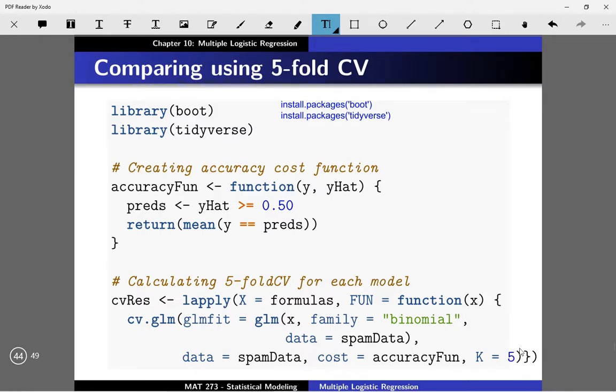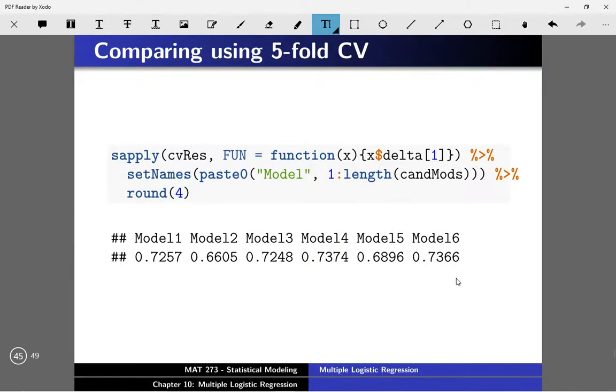The biggest number of folds you can use is the number of observations in the data set, because we have to leave at least one observation out for our test set each time. So if we had 100 observations, we could do a 100-fold cross-validation. And in fact, they call that specifically leave one out cross-validation. But anyways, here we're doing 5-fold cross-validation. We get the accuracy across the folds for each of our 6 models using this sapply code.